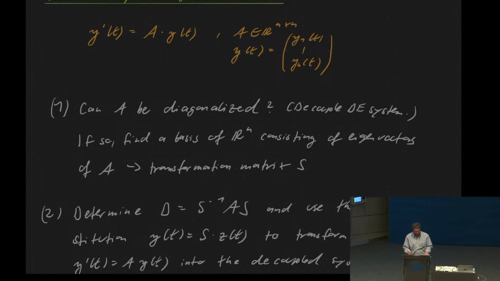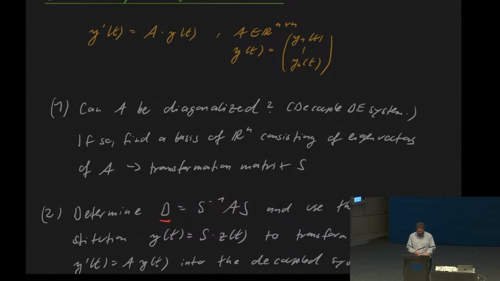So we want to find a basis of Rn that consists of eigenvectors of that matrix A, and find the corresponding transformation matrix S that also consists of those eigenvectors as columns.